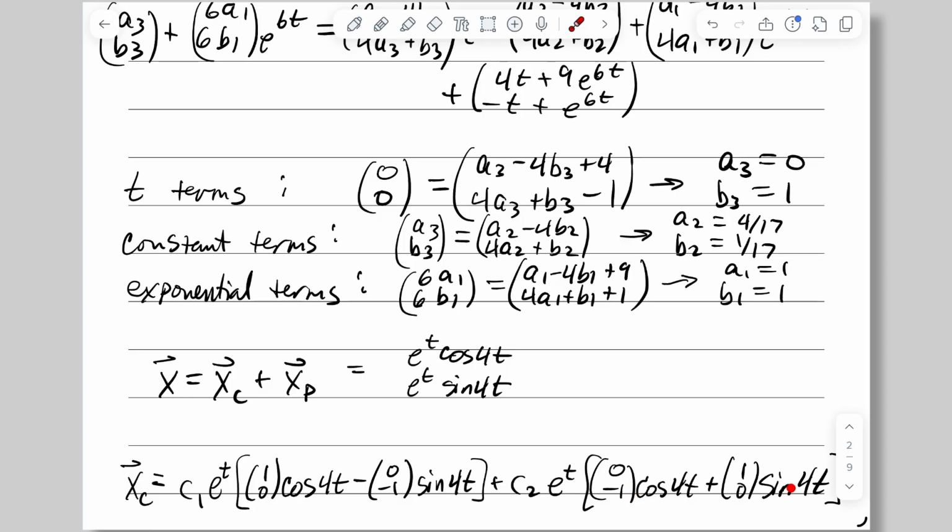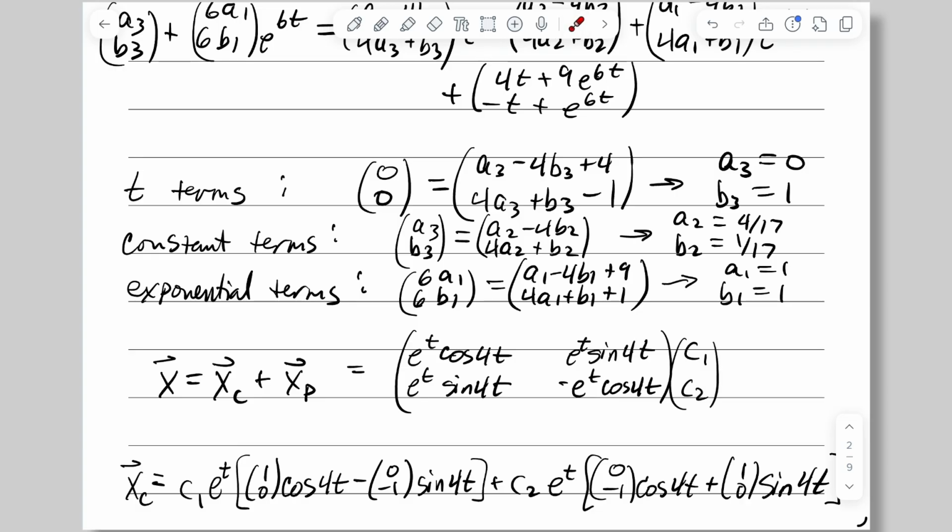In the second set of brackets, sine of 4t times 1, 0 puts sine of 4t in the top entry. Don't forget the e to the t. And then 0, negative 1 times cosine 4t plus 0 sine 4t gives us negative e to the t cosine 4t in the bottom. I'm going to write this all as one matrix and multiply it by the column matrix c1, c2.